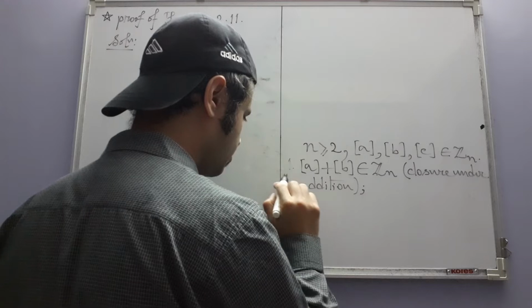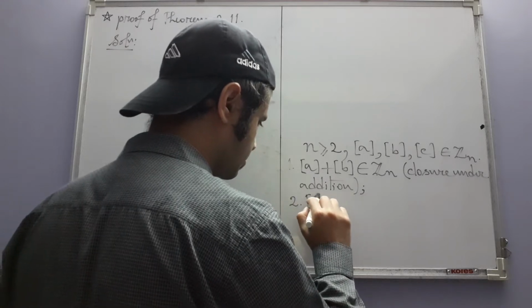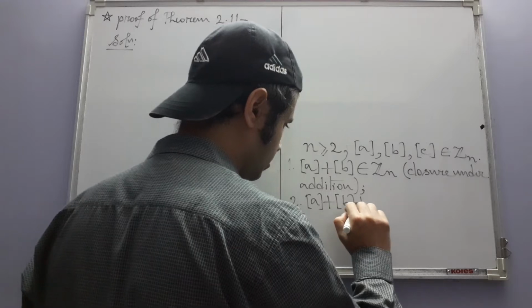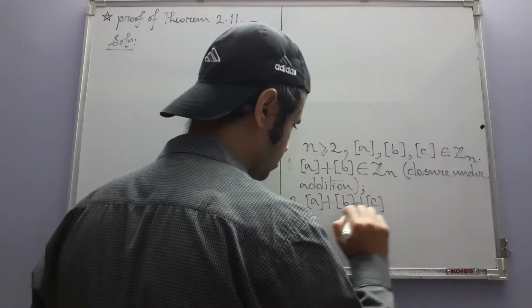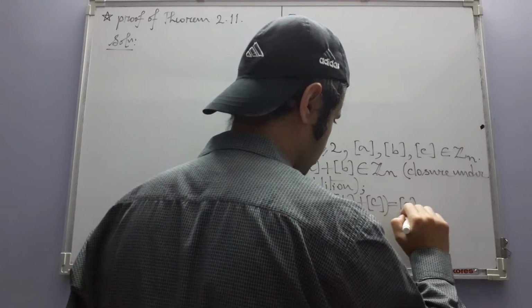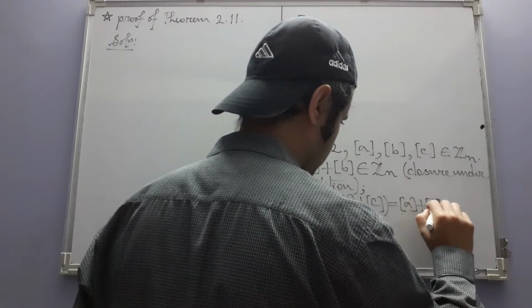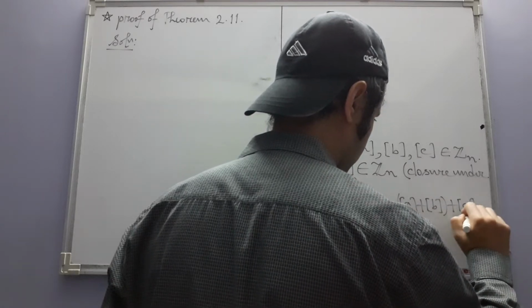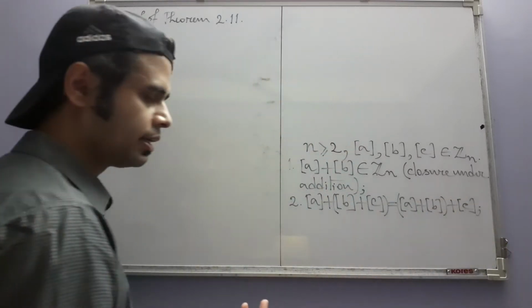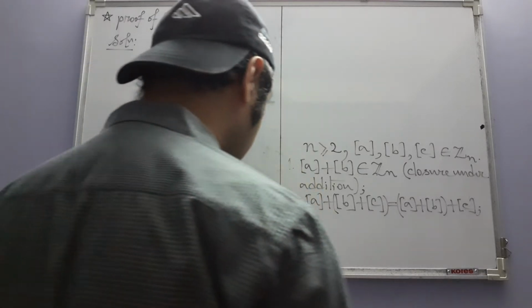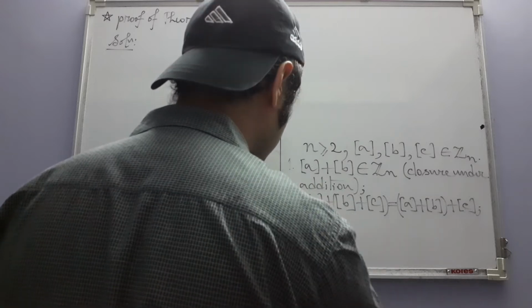Then we have associativity under addition. Not writing the names, you already know. Then the third one is commutativity.